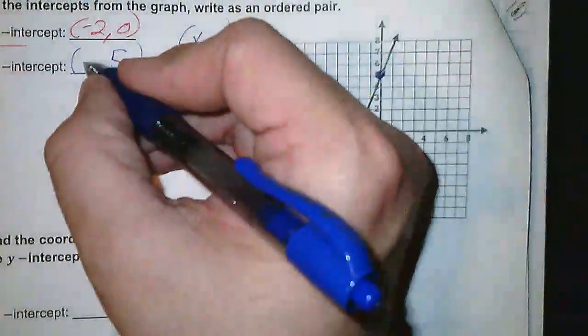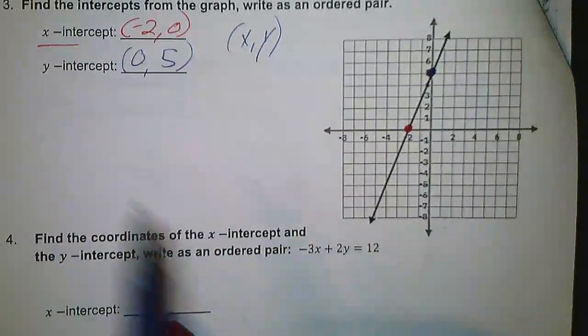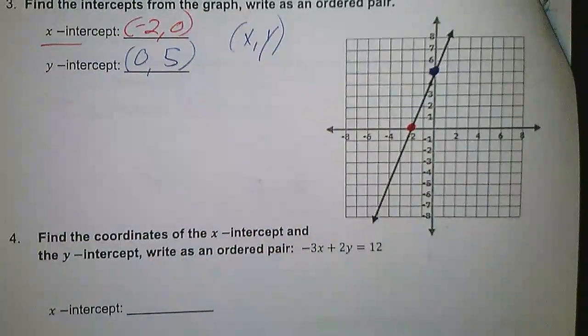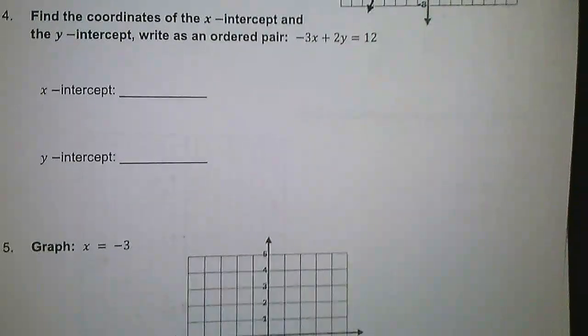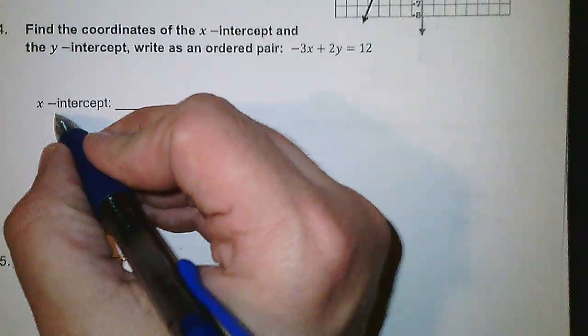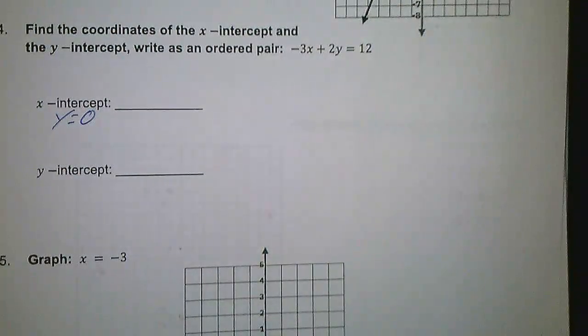And then we did not move to the left or right. And if we are on the y-intercept, then our x value must be 0, which is how we can solve number 4. If I'm looking for the x-intercept, then my y value is 0.